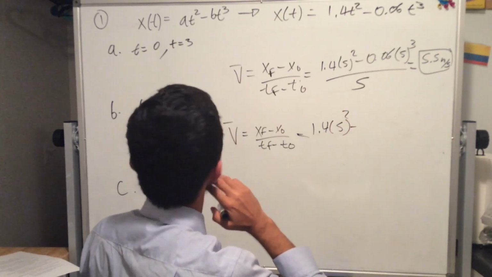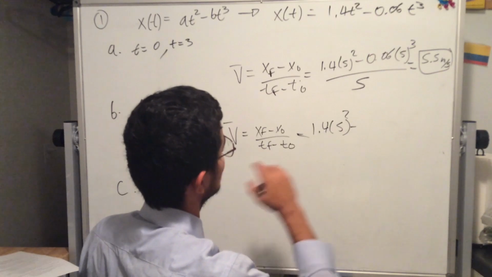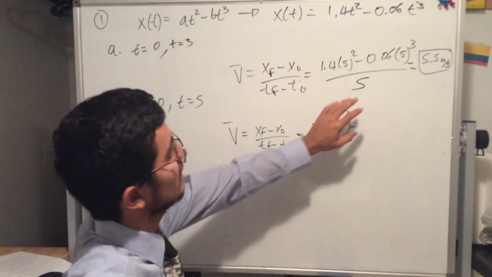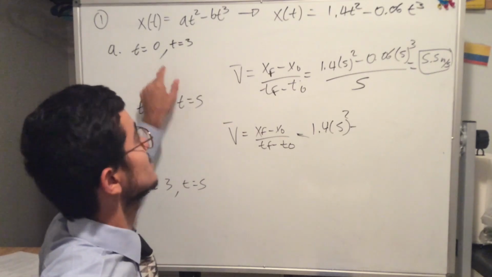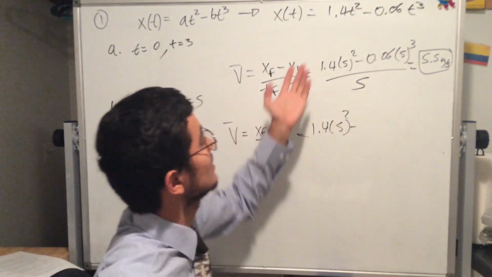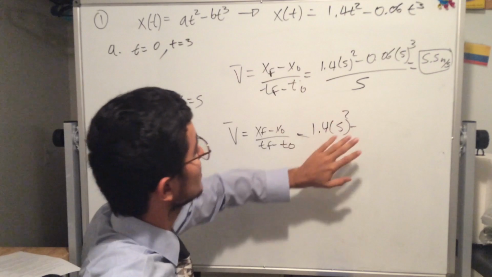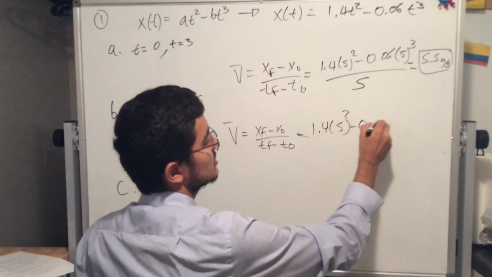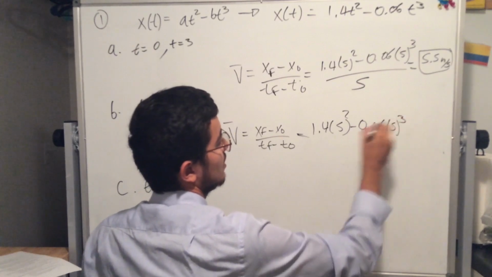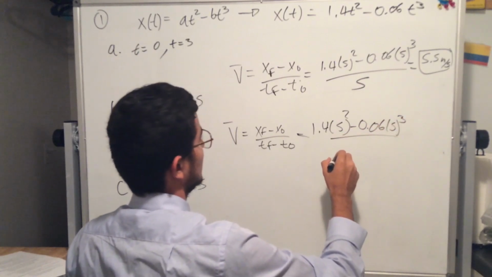Oh, wait. Yes, I forgot to tell you that I forgot to evaluate the position function at t equals 0, because we already know that it's 0, so it's kind of obvious. But for this one, it's a little different, so you will see why. So minus 0.06 times 5 cubed, divided by the change in time.